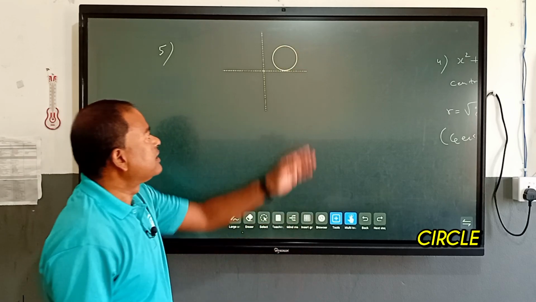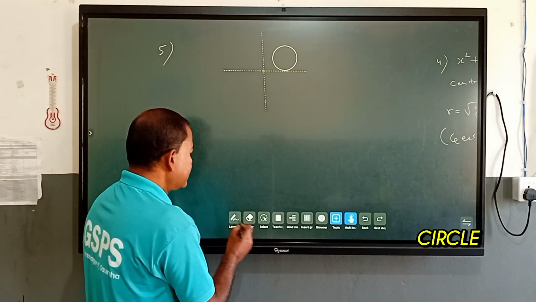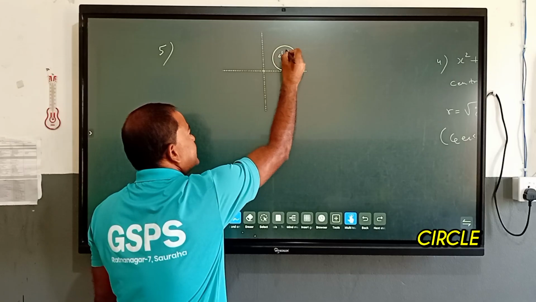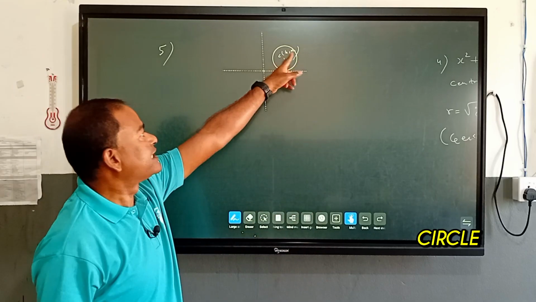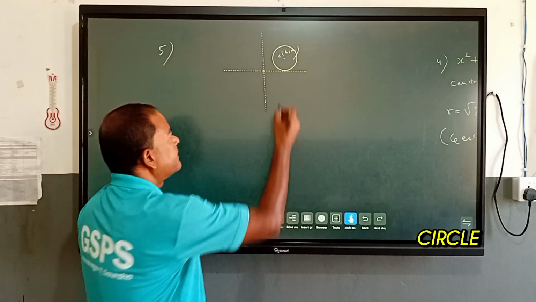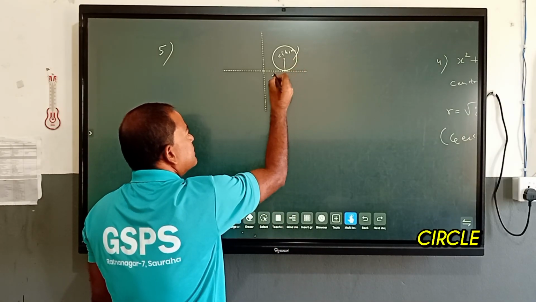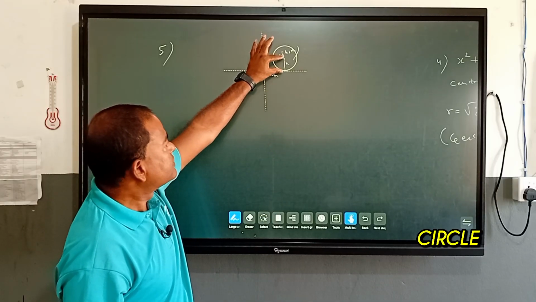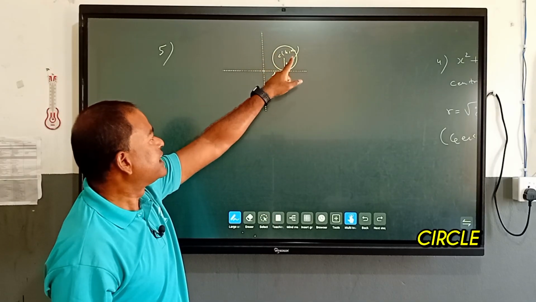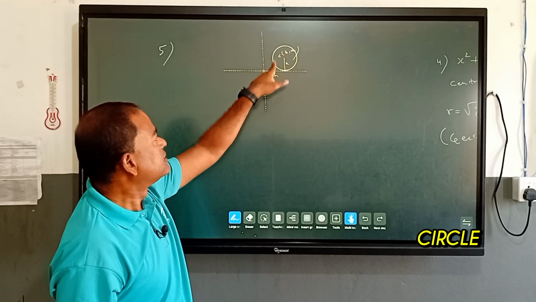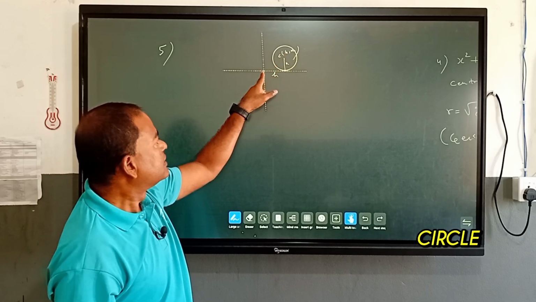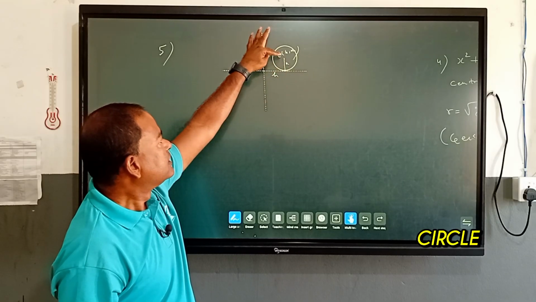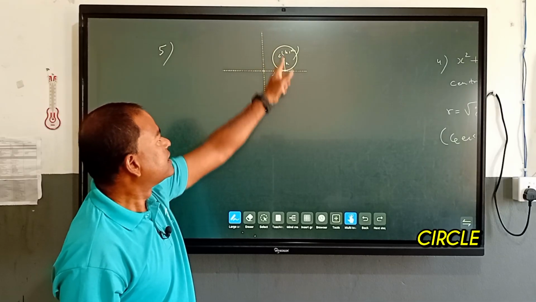Dear students, when a circle touches the x-axis, let's suppose the center is (h, k). When we suppose the center is at the point (h, k), then the radius of the circle will be equal to k. If we look at the diagram, h is the distance of the center from the origin along the x-axis, and k is the distance of the center along the y-axis.